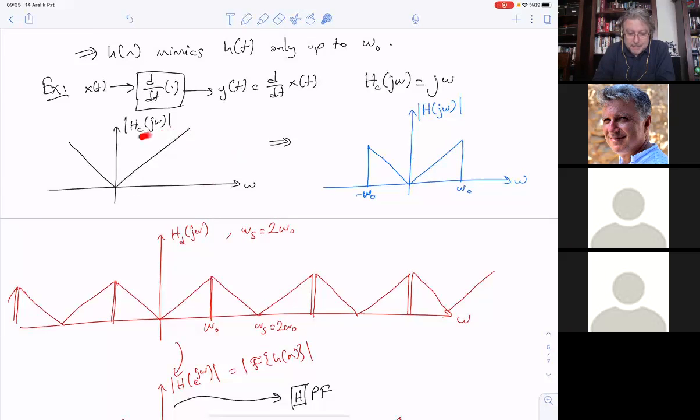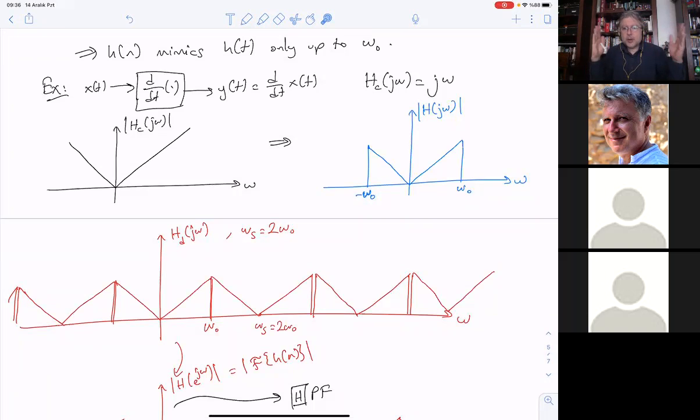This shape could be given to you as a shape, or it can be extracted from time domain information, from the differential equation or from the impulse response. You can somehow come up with H of j omega, okay? And that may be a low pass, it may be a high pass, etc. filter of some sort. What are you going to do with it?